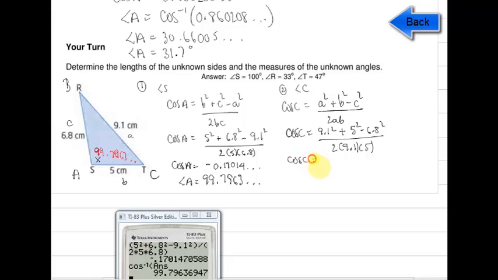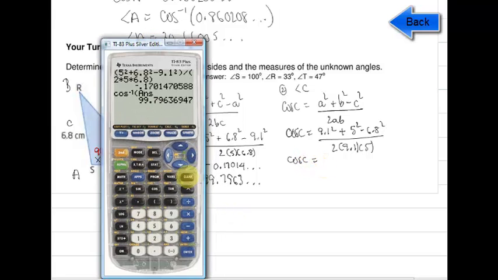So cos of C equals, in brackets, 9.1 squared plus 5 squared minus 6.8 squared, divided by 2 times 9.1 times 5, which is 0.676593.